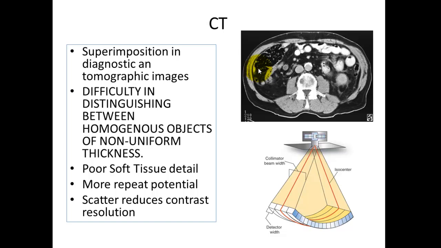By doing this, by getting a cut and improving our contrast resolution, we are now able to see many, many more types of homogeneous objects. In other words, objects that have similar mass, similar densities, that regular radiography is unable to visualize.